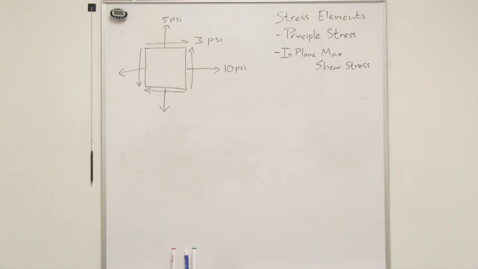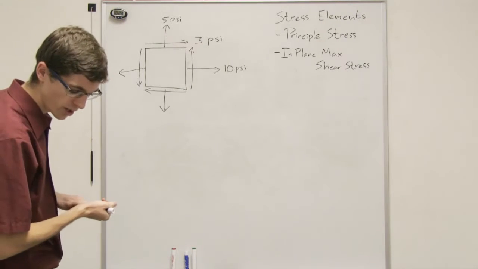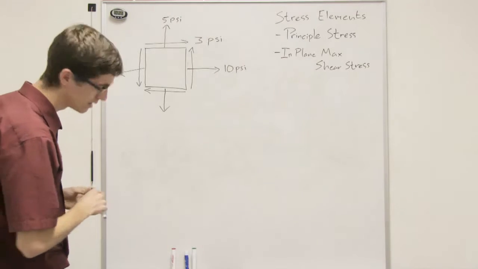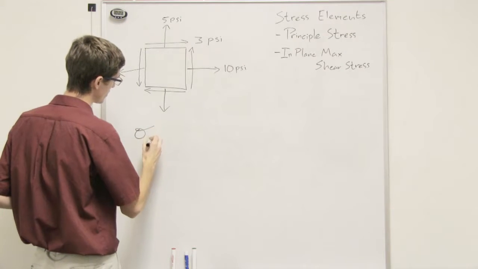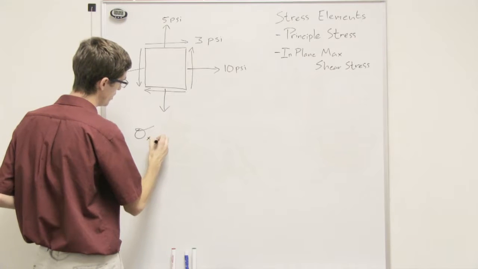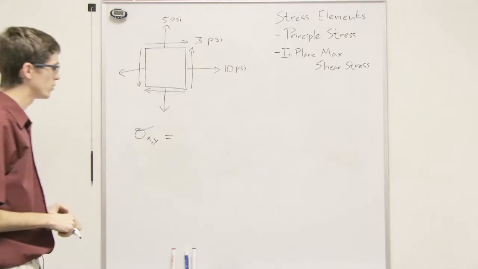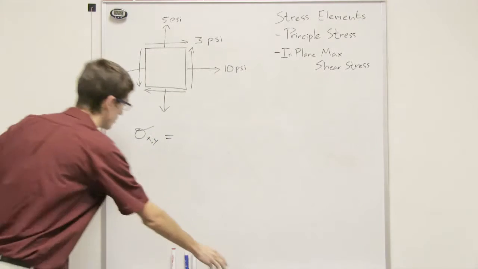One of the ways that we do that is we're given several equations that show how to rotate and find your new stresses if you were to rotate it by so much. One of those equations is the stress for the x and the y, and let's start with the x.